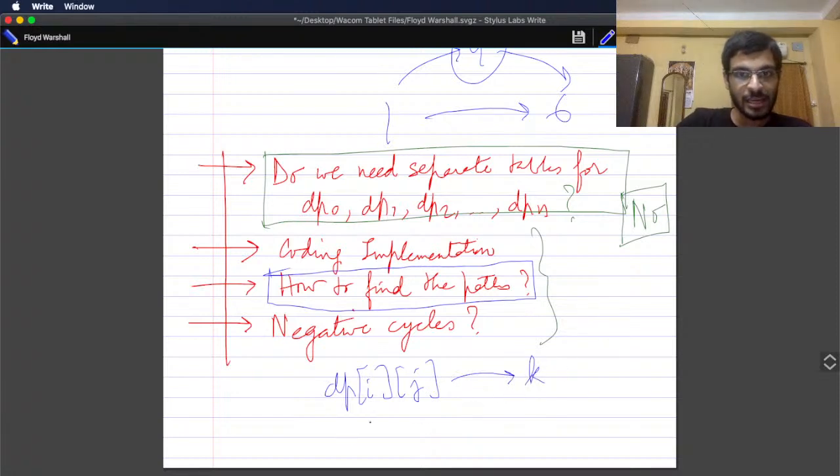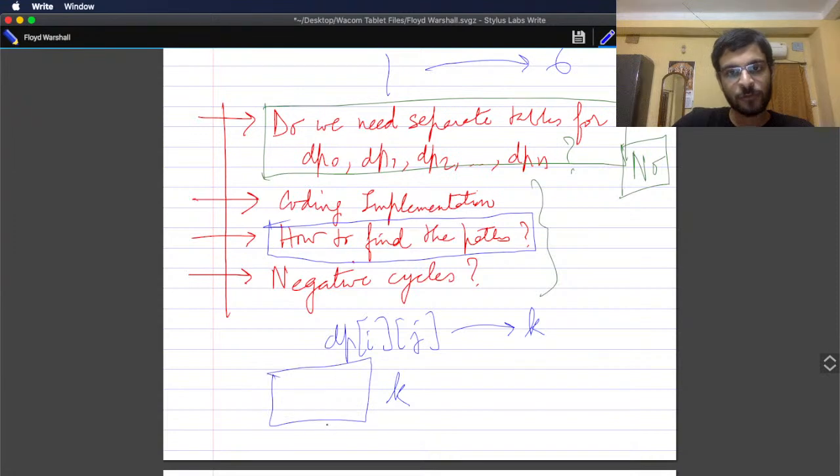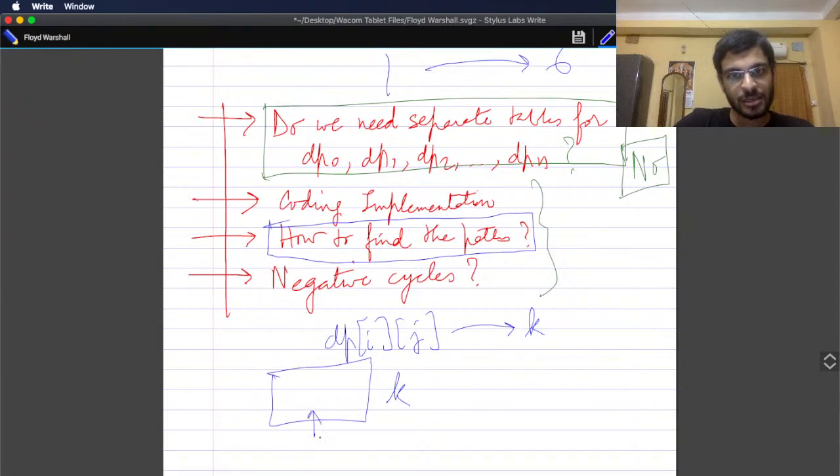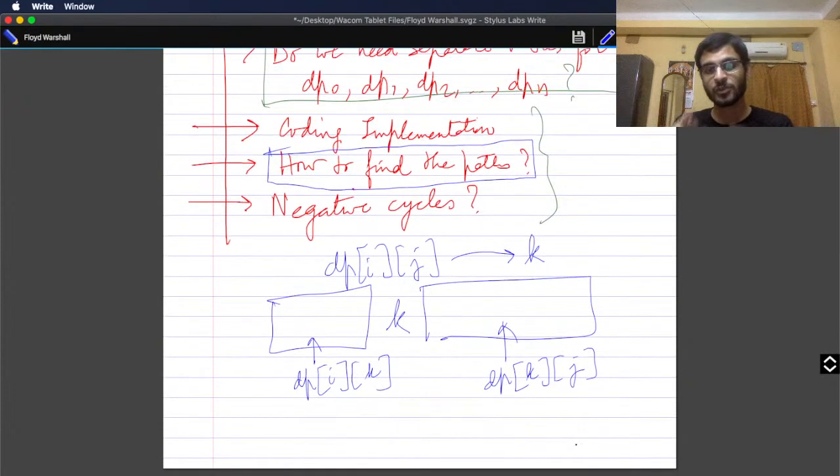Now in our solution we'll be placing k, and the left part will be formed using the values from dp[i][k], and the right part from the values of dp[k][j]. So in every state, I'm storing, for this particular shortest path, what is the best transition I'm making. Using those values, we can recover it.